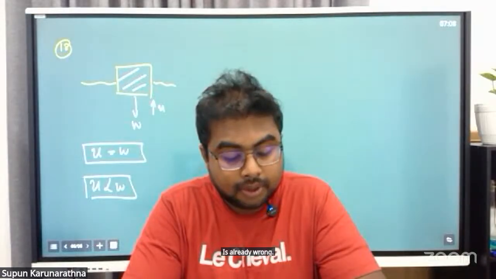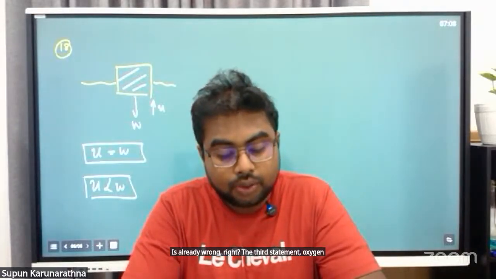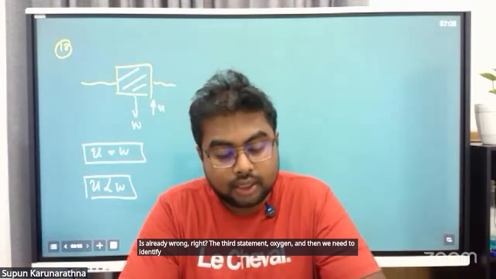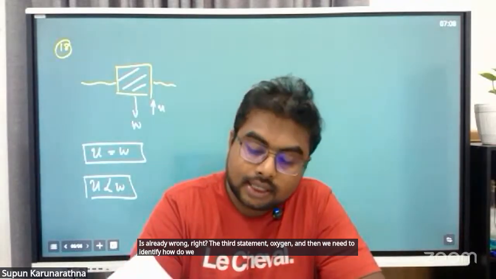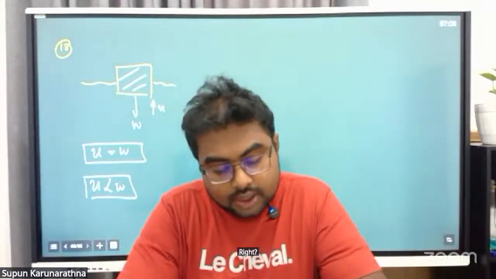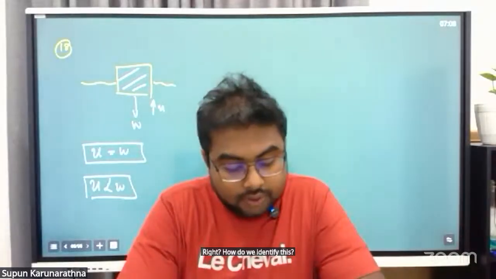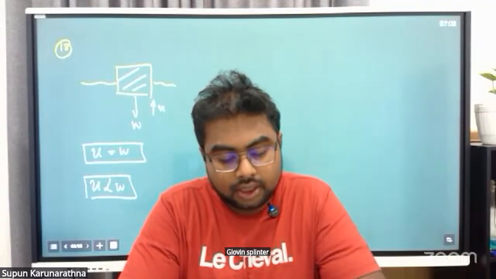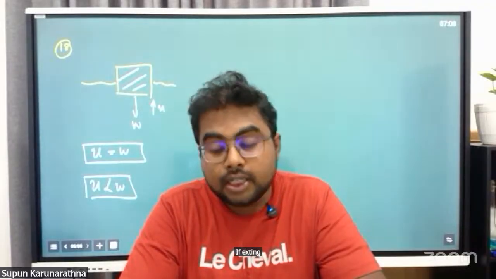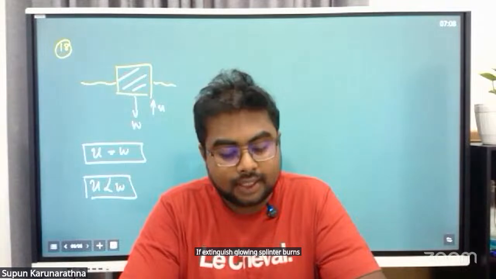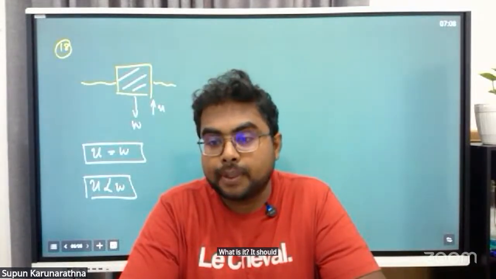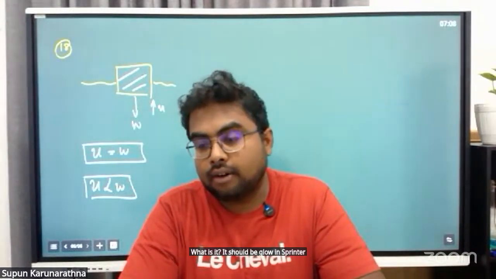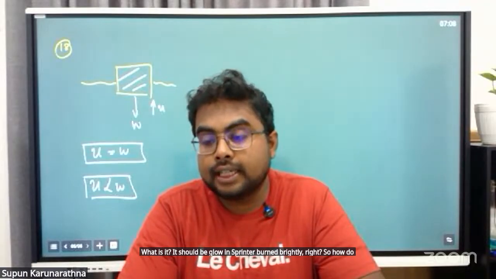The third statement is oxygen, and then we need to identify how we identify this gas. Glowing splinter is extinguished, or glowing splinter burns brightly. It should be glowing splinter burns brightly, right? So how do we identify oxygen in the laboratory?